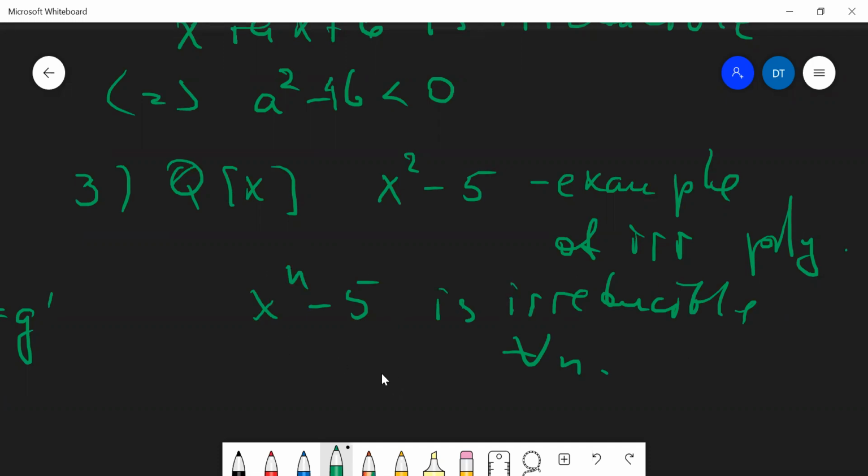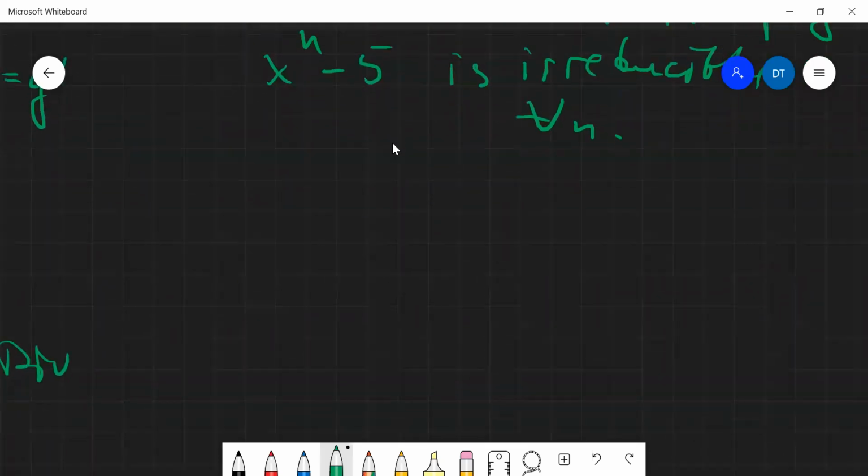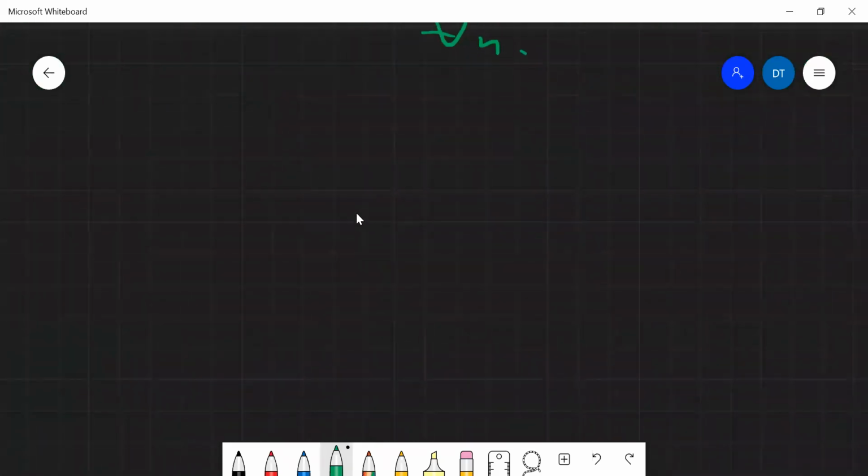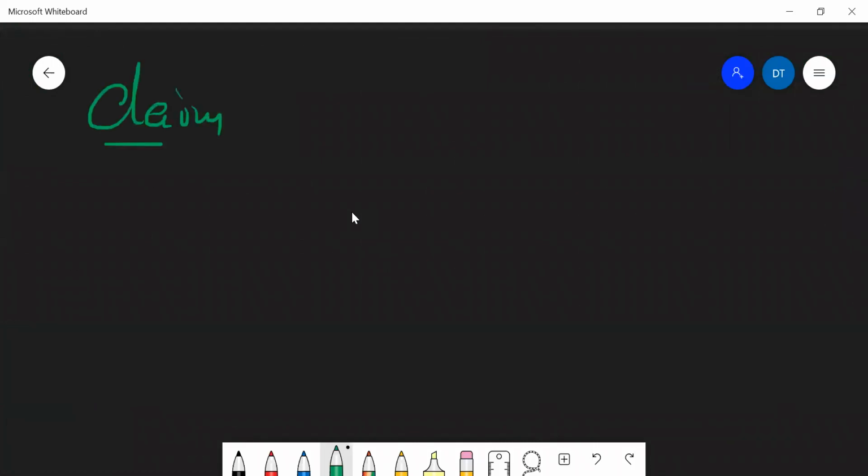Okay, and now we're ready to formulate the UFD property claim. UFD means unique factorization domain.